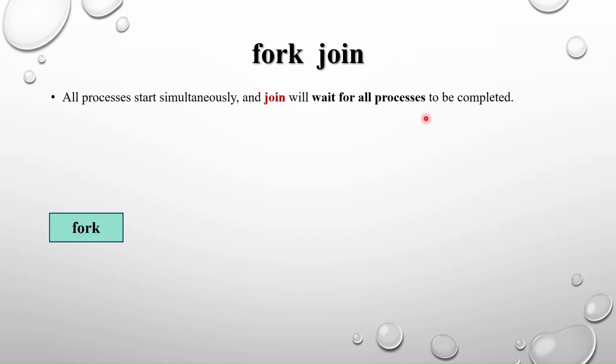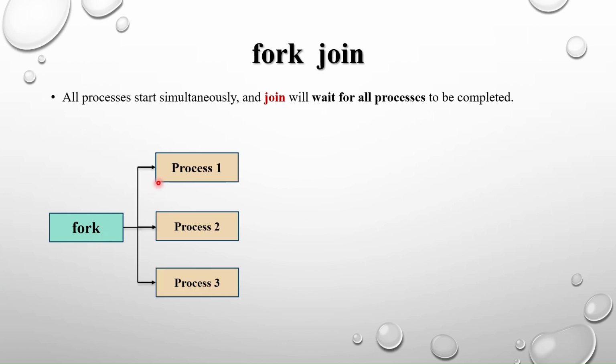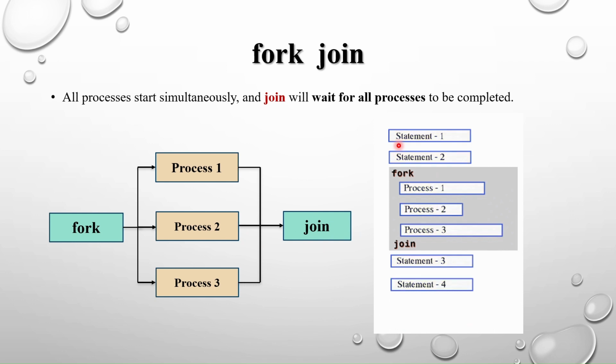In the picture, you can understand. This is the fork statement. Inside the fork we have three processes: process 1, process 2, process 3. After the completion of all three processes, it will come out of the join statement. Here you can see statement 1, statement 2, then it goes to the fork join, and here are process 1, process 2, process 3.